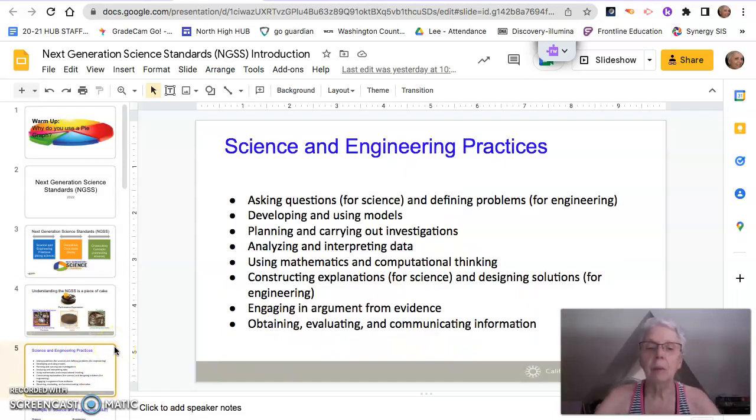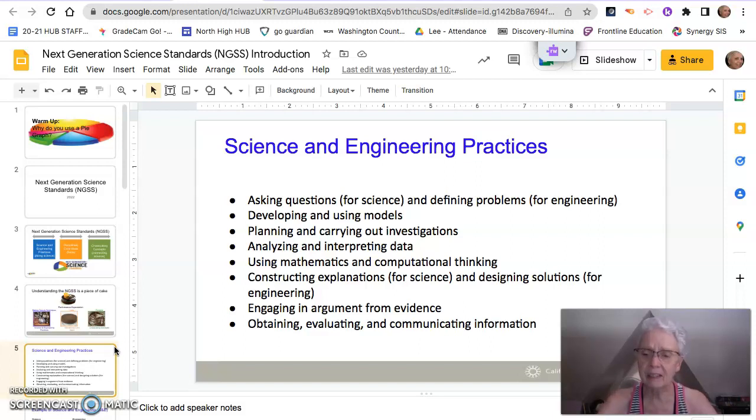Science and engineering practices, when we think about that, you're asking questions and defining problems. So you're going to ask a question and then you're going to define that problem. You're usually going to develop and use a model of some sort. You plan and carry out an investigation. Think about doing an experiment.